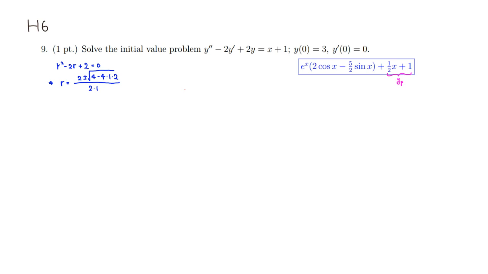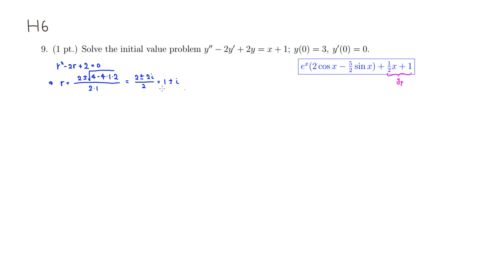So what you get is, let's see, 4 minus 8, so it's negative 4. So we get 2 plus or minus square root of negative 4, which is going to be 2i, right? 2i over 2, which is 1 plus or minus i, right?